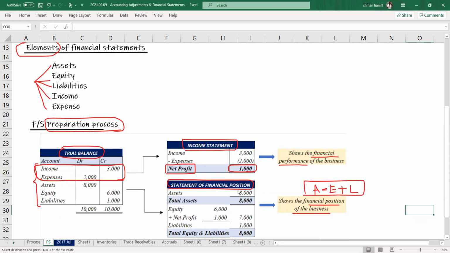The total asset here is 8,000, which equals equity plus liabilities. When there is a profit, the profit will be added to the equity.